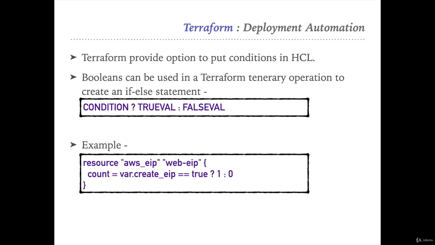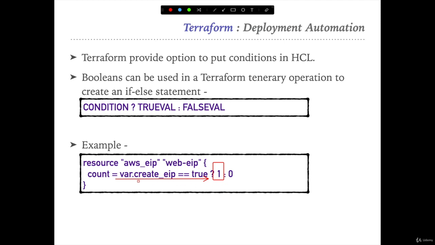We are taking the value from a create_eip variable, right? And if the value of create_eip equals true, then count will be 1. Otherwise, count will be 0. So if the value of this variable create_eip comes true, it means this statement is satisfied, then this will return 1, right?